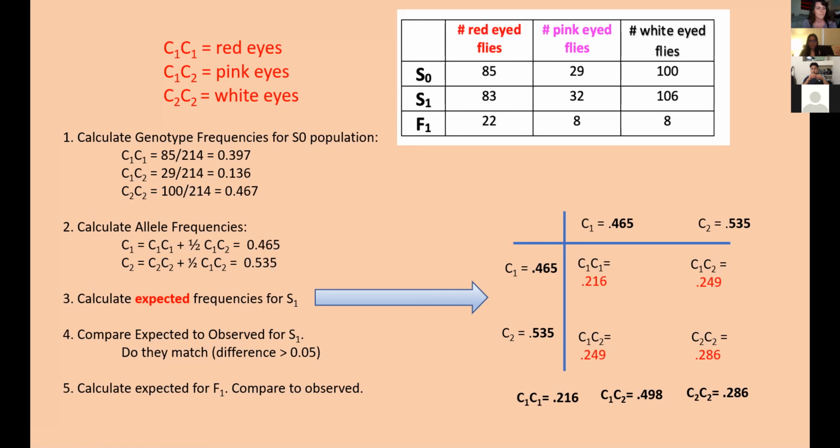No, 0.465 times 0.465 is 0.216. Wow, I mean, that's a glitch in that case. I don't know why it's showing this. Yeah, you're right.